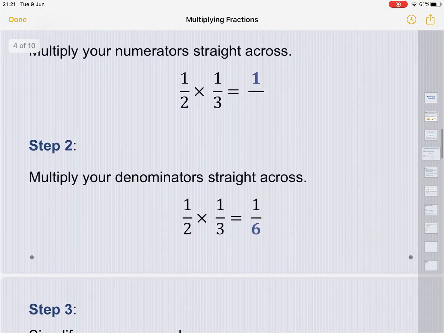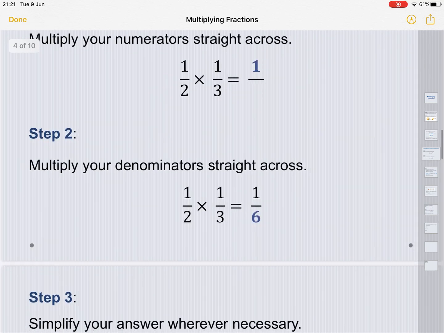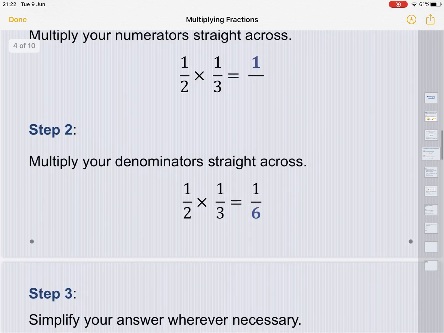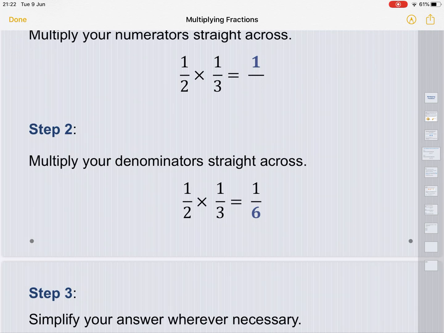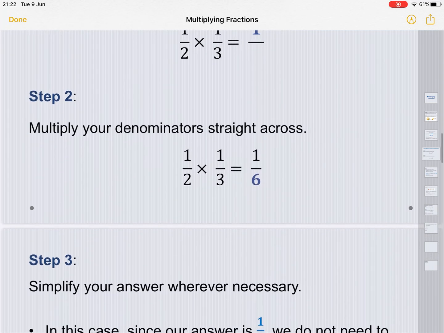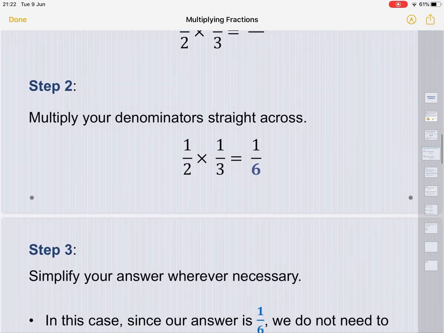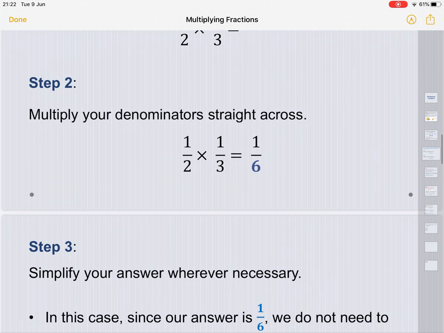Step 2, multiply denominators. The denominators are 2 and 3, so 2 times 3 equals 6. And we obtain the fraction 1/6. Okay? Just like in the diagram.